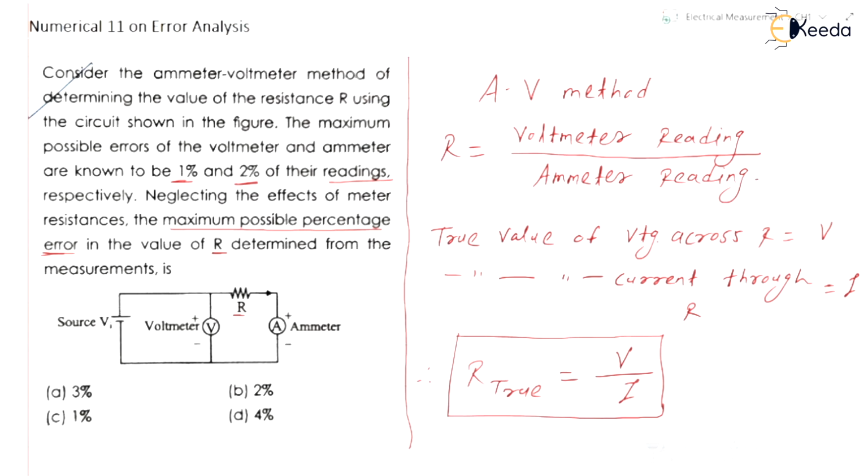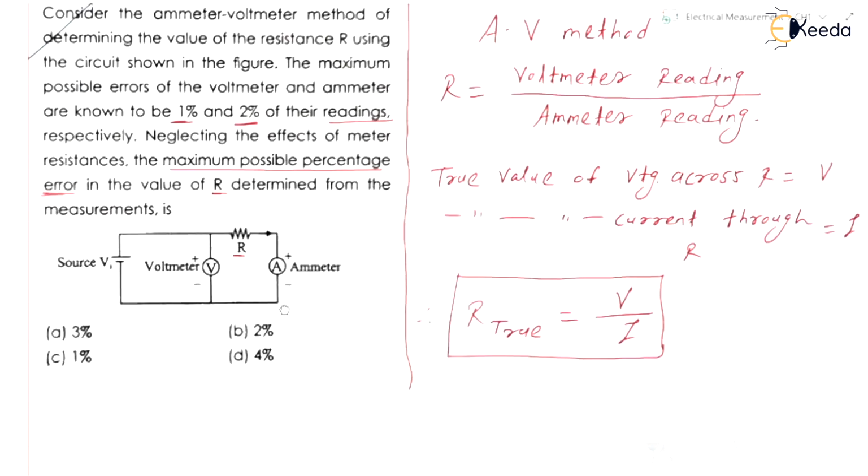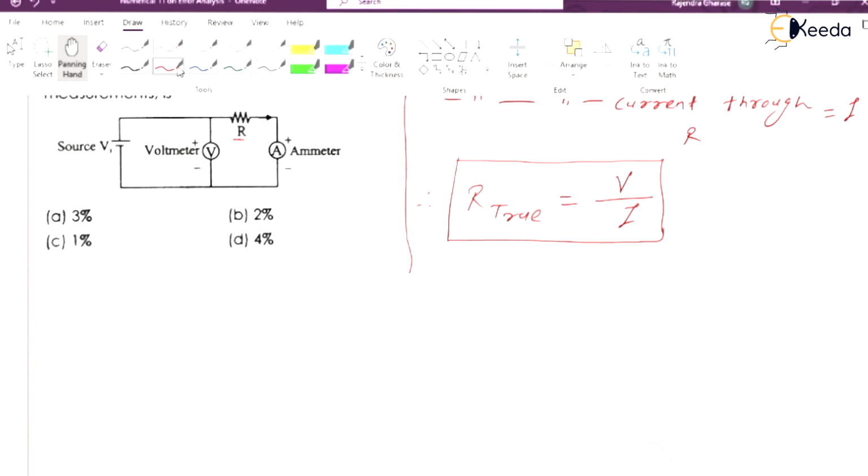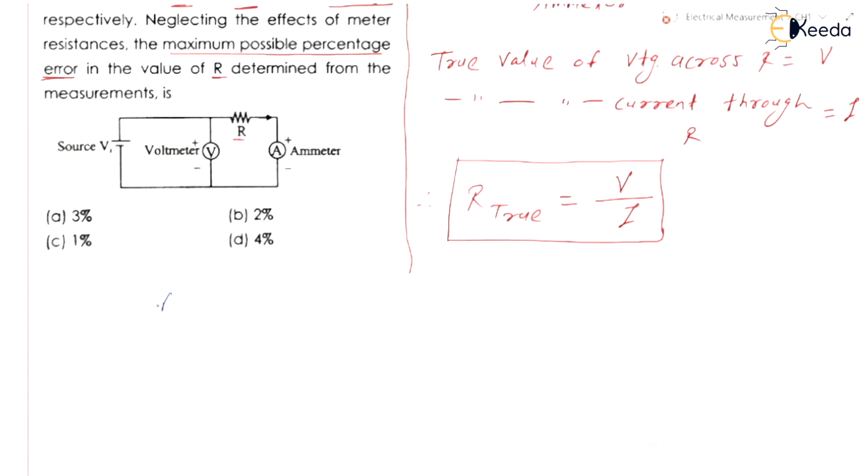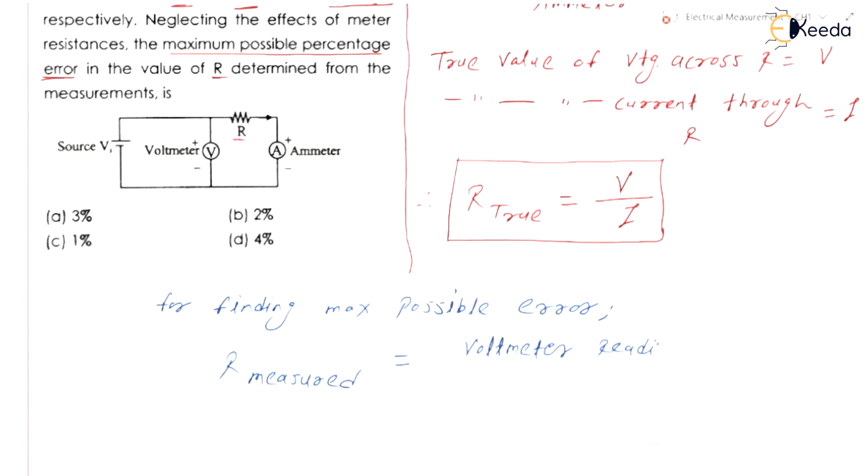Next, now for finding the maximum possible error, okay, as we know, yes, so R measured is equal to what? Voltmeter reading divided by ammeter reading. Voltmeter reading or maximum possible voltmeter reading, right?